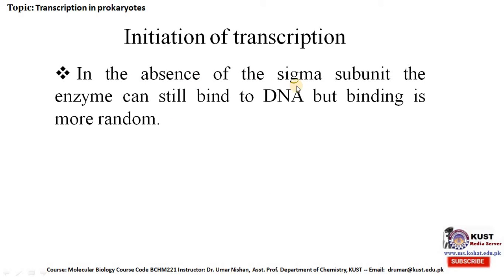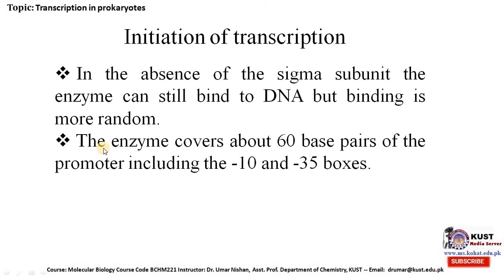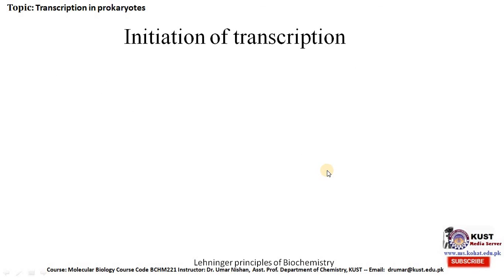In the absence of the sigma subunit, the enzyme can still bind to DNA, but binding is more random. This shows the importance of the sigma subunit, that it helps to avoid random binding of RNA polymerase to DNA. The enzyme RNA polymerase covers about 60 base pairs of the promoter, including the -10 and -35 boxes.